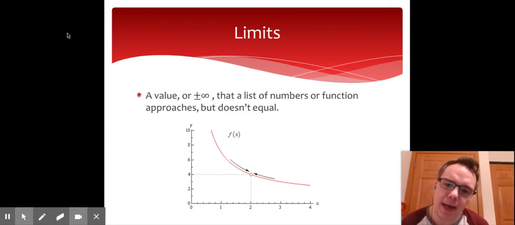Like when we had asymptotes with trig functions, those are values that functions approach but never quite get to. And so we want to know what is the function doing and what number is it getting really close to, and that's where limits come in. And today we're going to start with simple limits that just have numerical answers.